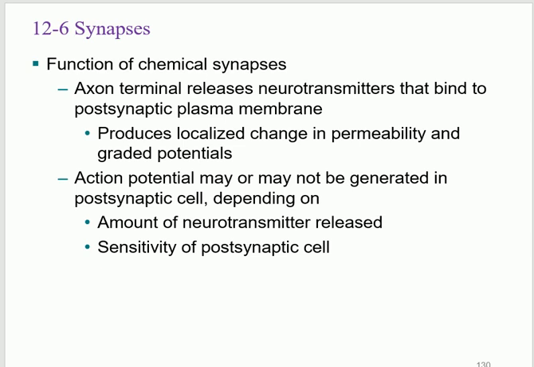It's not equal. If you release 50 units of acetylcholine crossing the gap, interacting with the receptor, creating a little bit of action potential, versus 500 acetylcholine doing the same thing, it gives different results. The amount of neurotransmitter. Is that it? No. Some postsynapses are sensitive and some are not very sensitive. So you have two factors now: the amount of neurotransmitter and the sensitivity of the postsynapse.